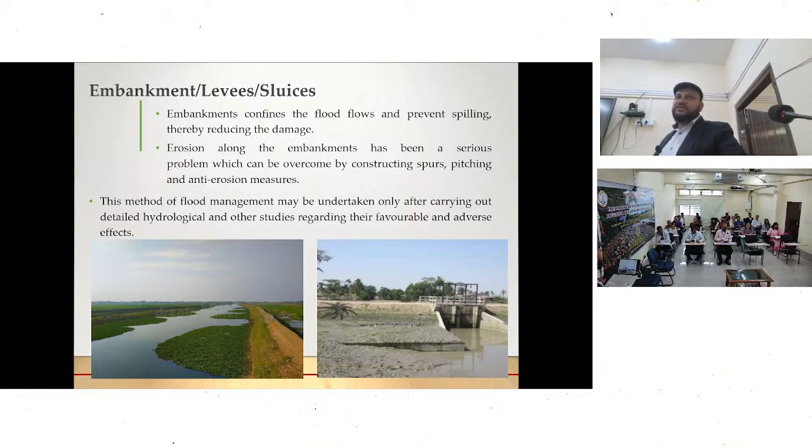We can make sluices so that during high flood, water from the river can't enter the countryside, but during the lean period, water stored in the countryside can flow out. There are many sluice designs. This is a simple sluice design, or we put a barrel which allows water from one side only. From the river side, water is not allowed.